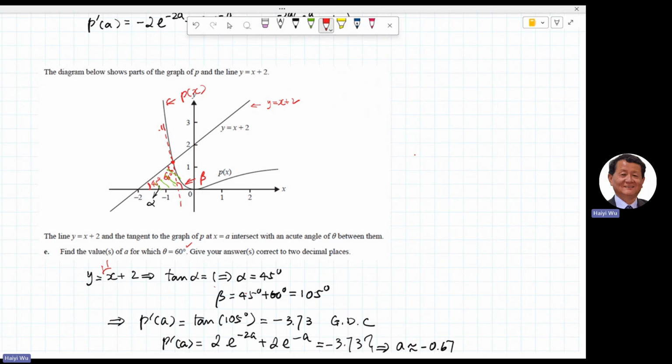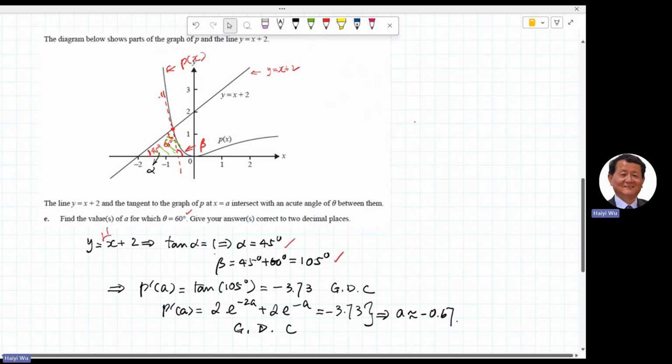Then 45 plus 60 is equal to beta, because beta is an exterior angle equal to the sum of the two opposite angles, so 105 degrees. Therefore the gradient of the tangent, which is the gradient of p(x), equals tan 105 degrees.